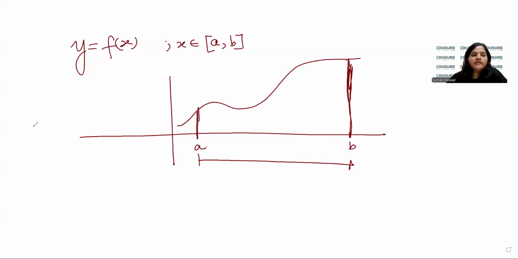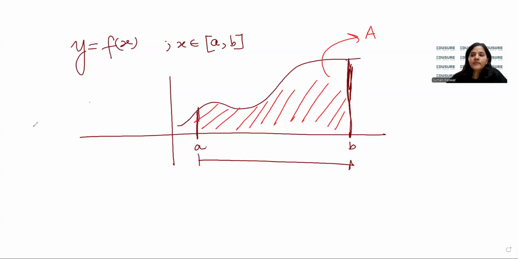So basically, what we really want to find out is this area, and this area is A. Now, let us try to have an illustration. What will happen if I bound it till x?